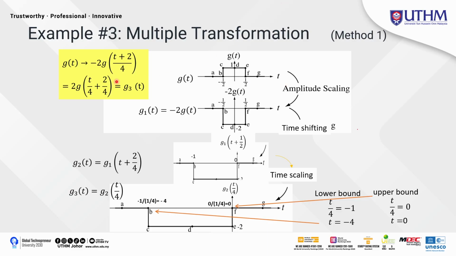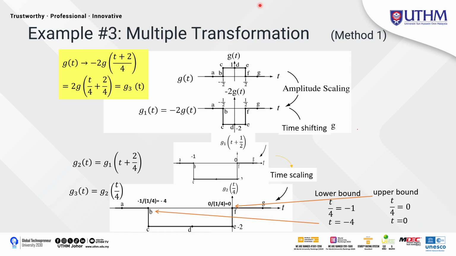The amplitude scaling is -2. Your original signal is 1 from -half to half, so you multiply with -2 and you get -2. The location is still the same, from -half to half of the t. So this is -2 u(t).